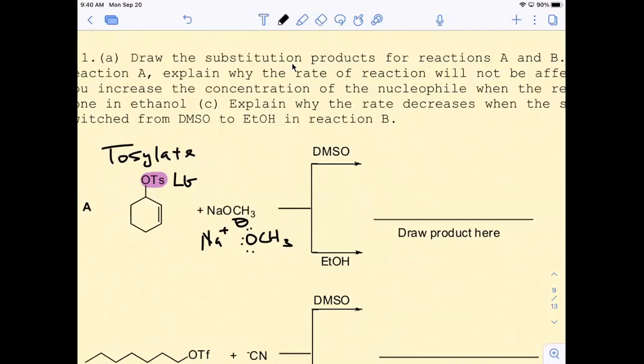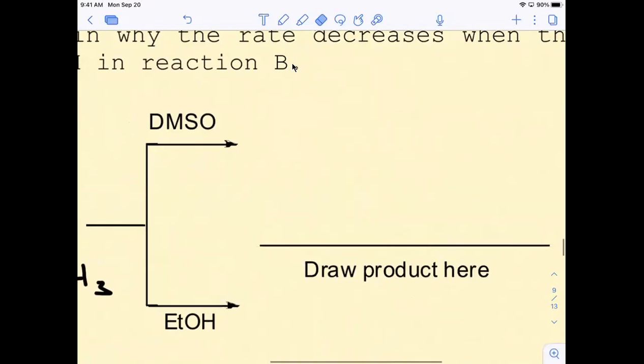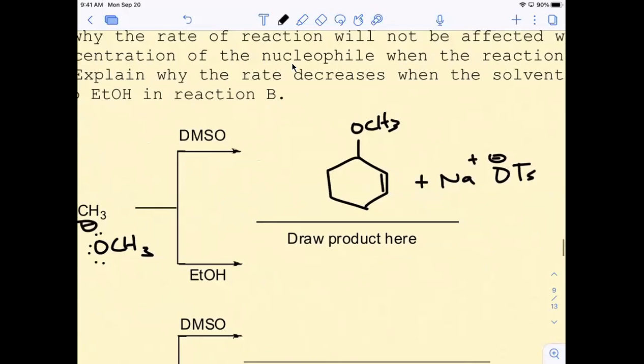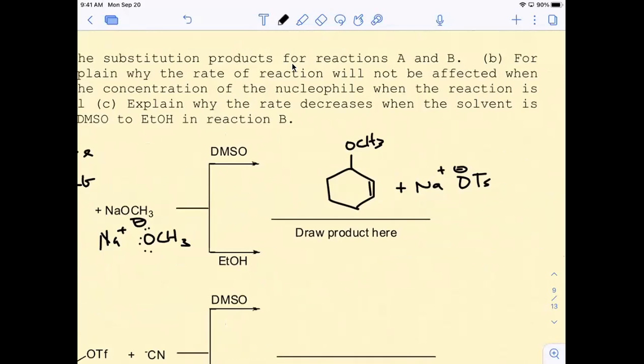Yeah, it's a substitution, right? So the leaving group is going to get substituted with the nucleophile. Let me fix that up. And then just to keep track of everything, that's Na plus and OTs minus. All right, we don't really care about that, but it is what it is.